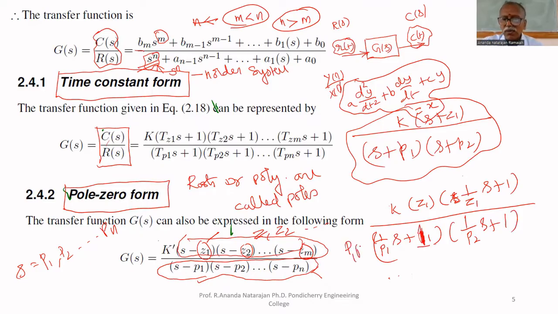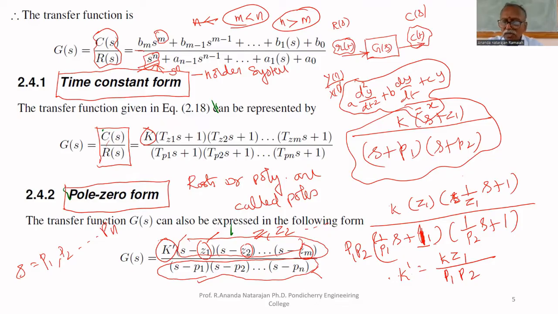So outside you will get P1, P2. Therefore, what are the constants? Now K dash equal to K times Z1 upon P1, P2. Here you are taking Z1 outside. Here you are taking P1 as well as P2 outside. That's why this becomes like this.